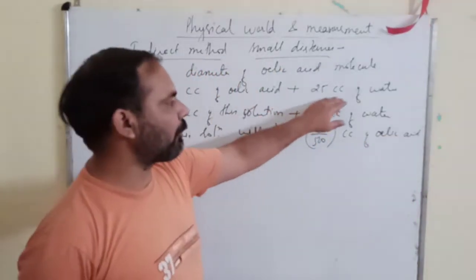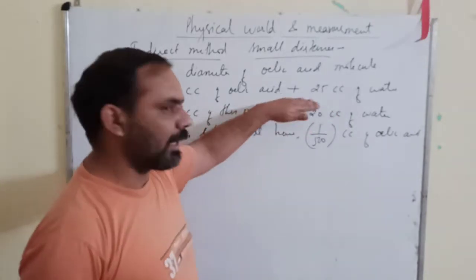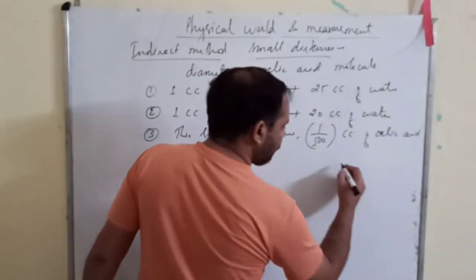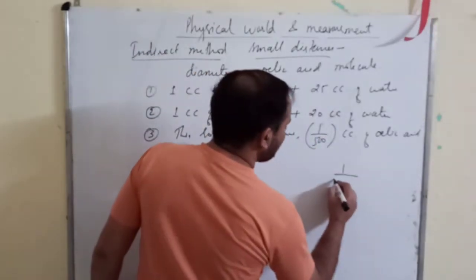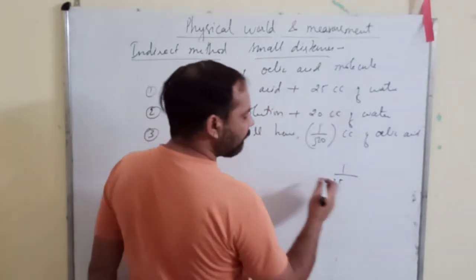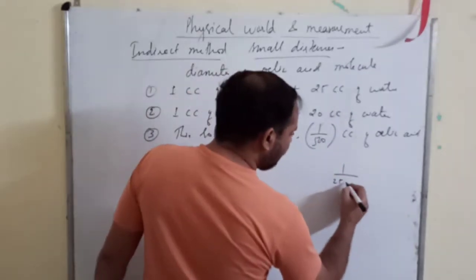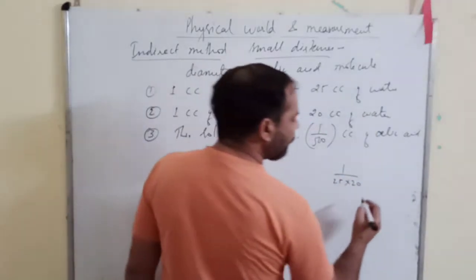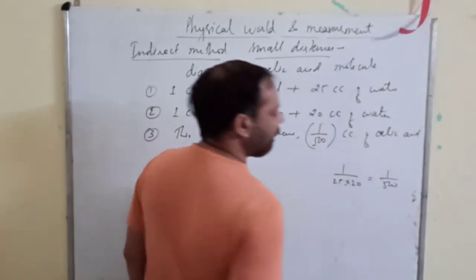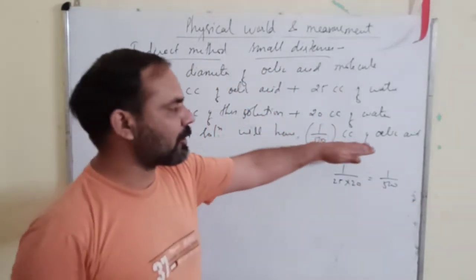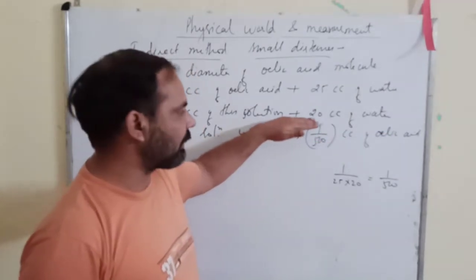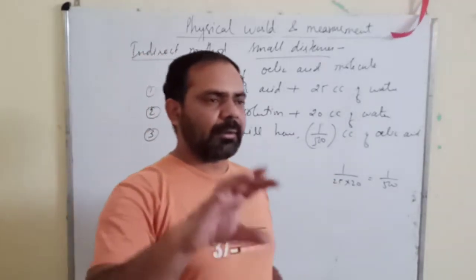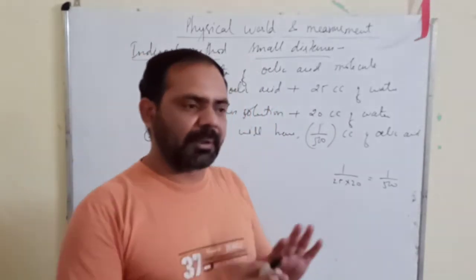Initially it was 1 upon 25, and now you took one part of this and added this 1 cc to 20 cc, so this is 1 upon 25 into 20, so 1 upon 500. The concentration of oleic acid after this second step is 1 upon 500. Why have we done this? Just to dilute the solution.